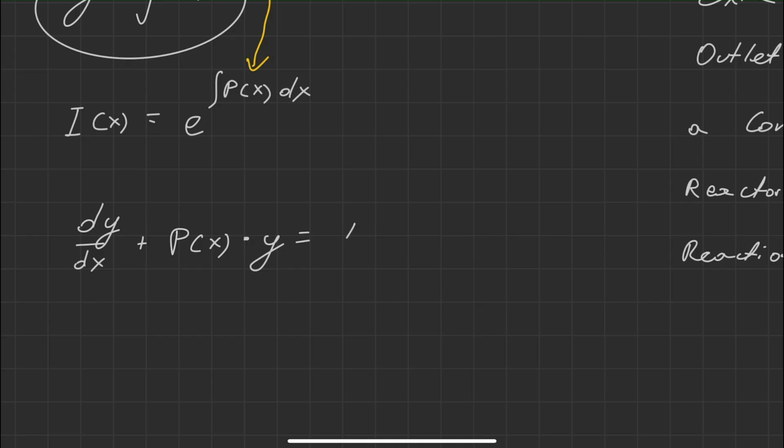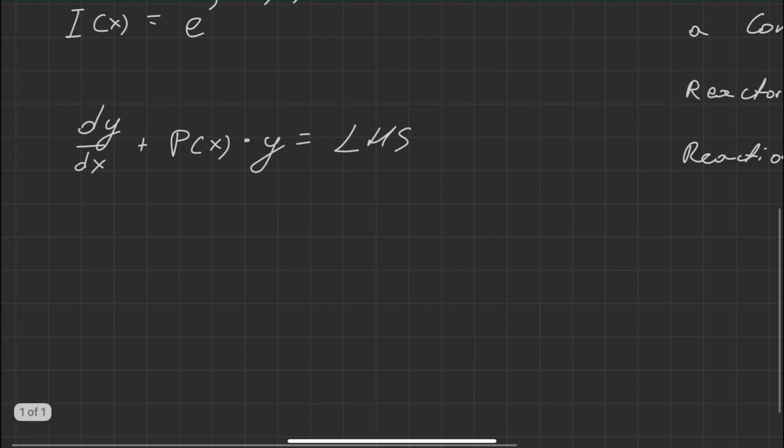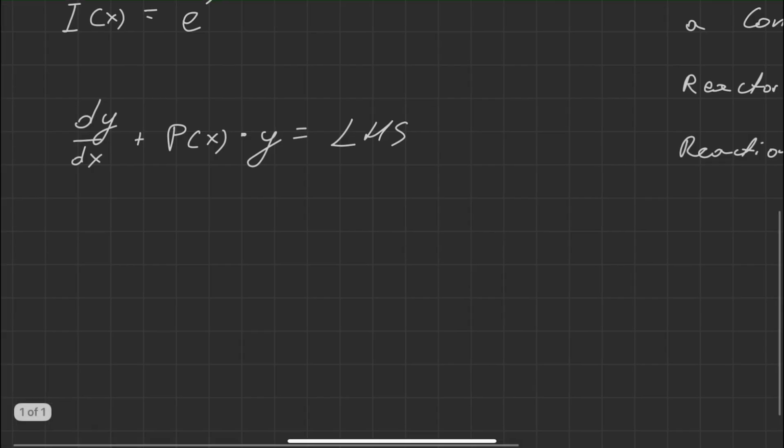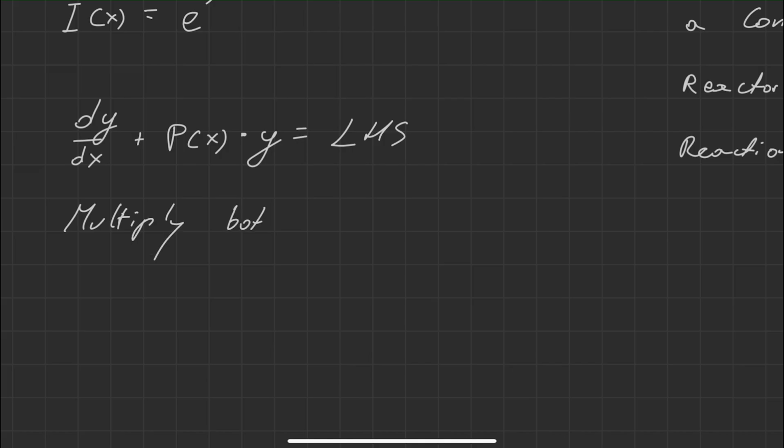Let's just call it LHS, for left-hand side. So our goal is to multiply both sides by the integrating factor, so basically by this e to the power of the integral of p of x with respect to x.